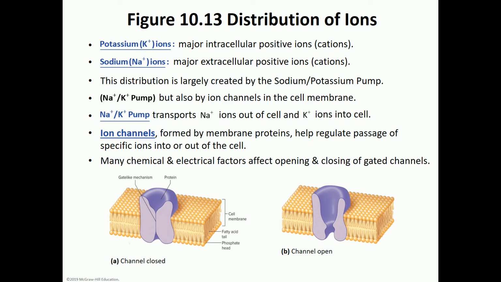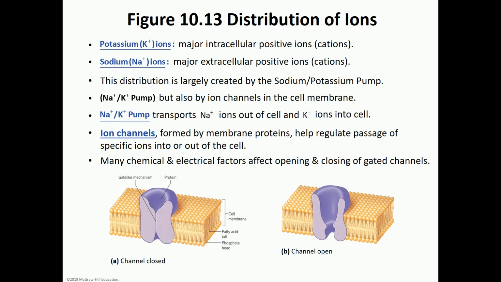Know that the cell membrane has what are known as leaking channels. These leaking channels allow for ions to leak in and out of the cell. So these potassium and sodium keep on leaking across the cell membrane.